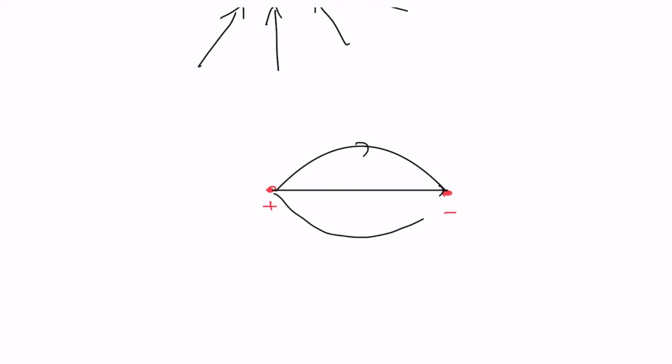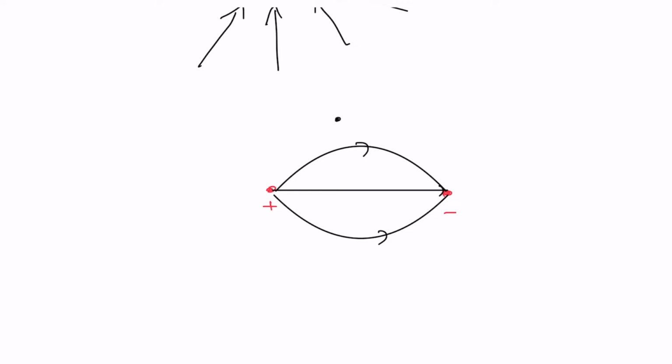Suppose there is a positive charge and a negative charge. How to draw the field lines? Look here. The field line comes out from the positive charge and ends at the negative charge, like this.